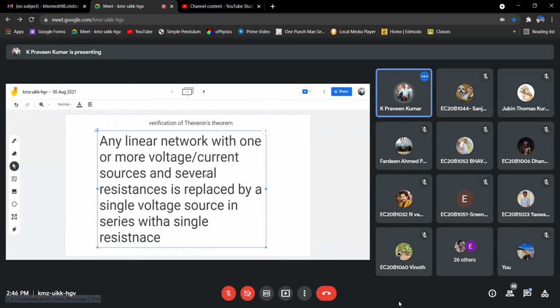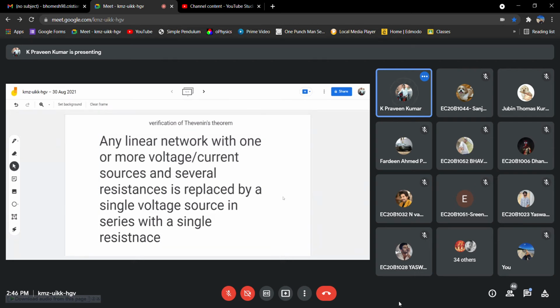So this is the theorem statement. Any linear network with one or more voltage or current sources with several resistances in the network can be replaced by a single voltage source in series with a single resistance. Right? So this is the statement of Thevenin's theorem.